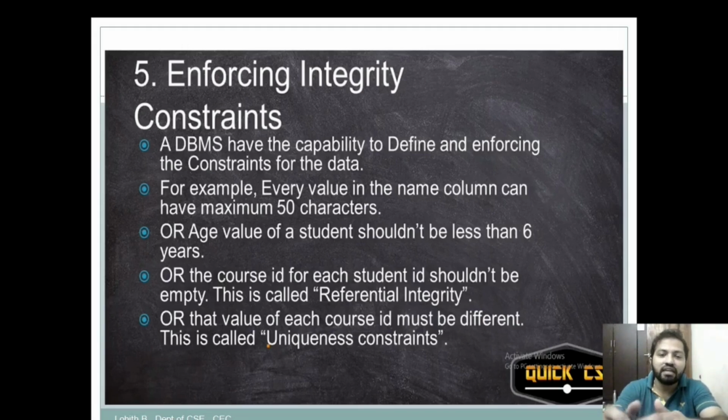This is called referential integrity. And the USN number should be unique. Again, this is a uniqueness constraint. So this is how we enforce integrity constraints. If I take one more example, the employee number of an employee should be unique. So if we make the employee number attribute a primary key, that value will always be unique.